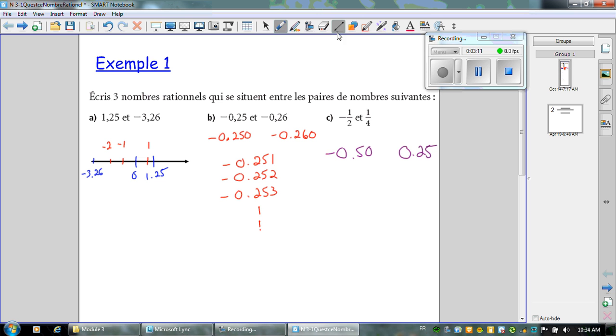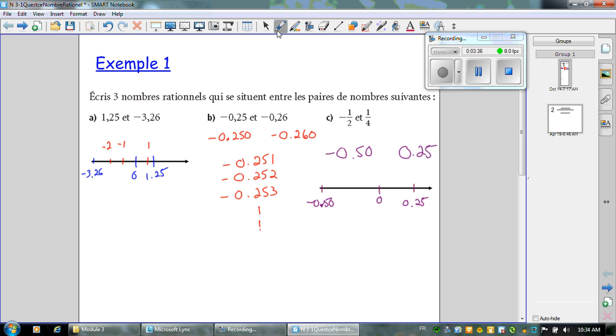So again, we can use a number line to illustrate this. If I have, let's say, a quarter here, negative 25 cents, and a 0 here, and 50 cents would be twice the distance, negative 50. So any three numbers between those two would be fine.